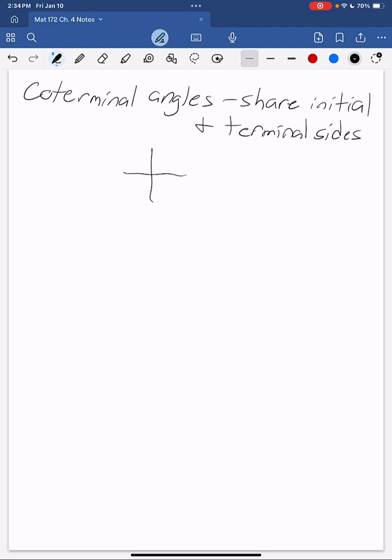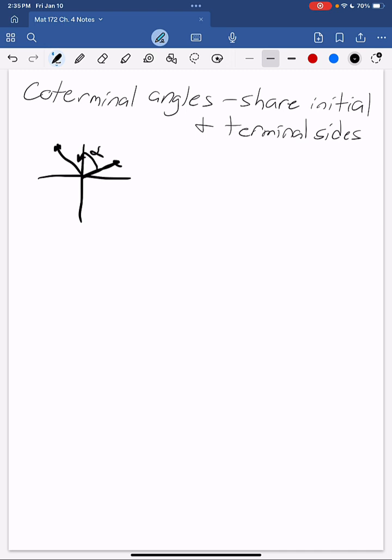Okay, so we have an angle of some kind. Well, let me try to draw that a little bigger and better for us here. Okay, so let's say that we have this, and we have an angle that we'll say, here's the initial side, here's the terminal side. Okay, so we've got an angle moving this way that we'll call alpha.